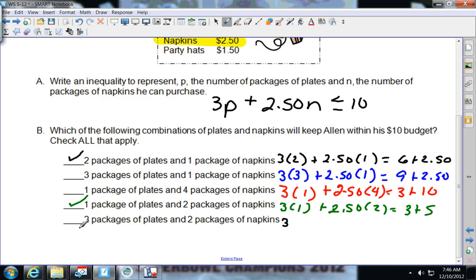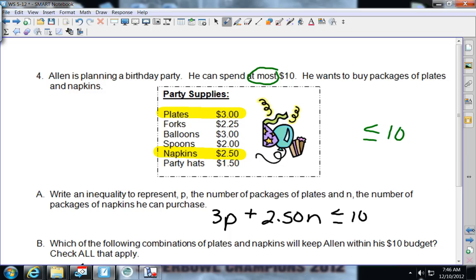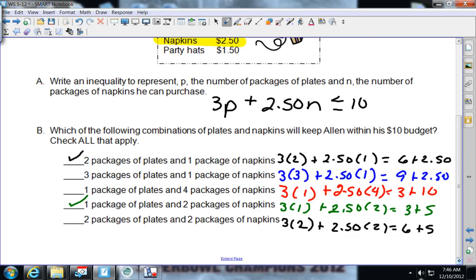I've got 3 times 2 packages plus $2.50 times 2 packages, which is 6 plus 5, which is 11. So these are the only 2 options that would work. I thought there was another part to that. Was there not another part on your paper? Okay.